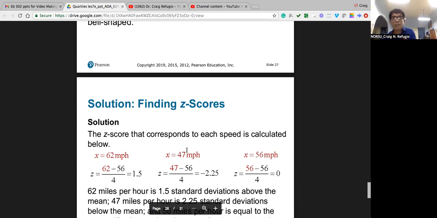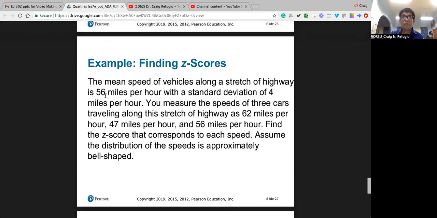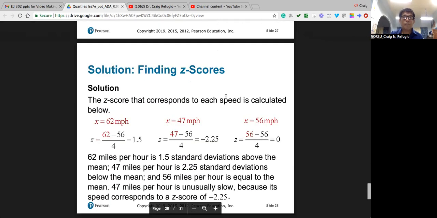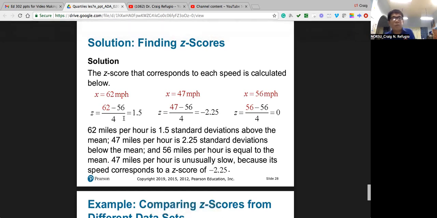So finding the z-score, we have x, so we have 62 miles per hour. So we have 62 minus 56. Take note that the given 56 is the mean, and the standard deviation is 4. So we have 62 minus 56 divided by 4. So the z is 1.5. Then x is equal to 47.